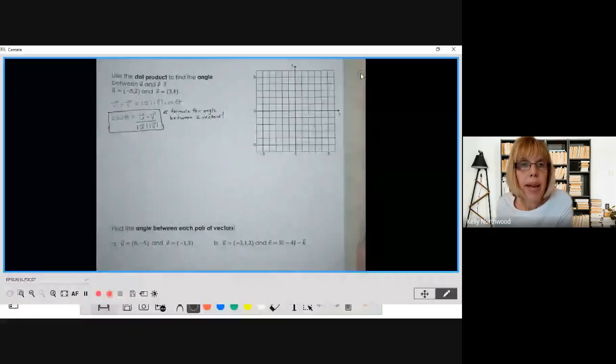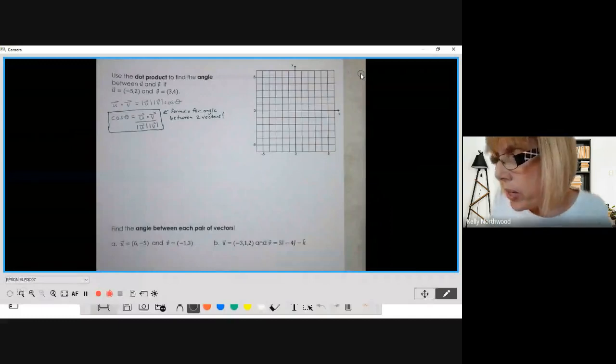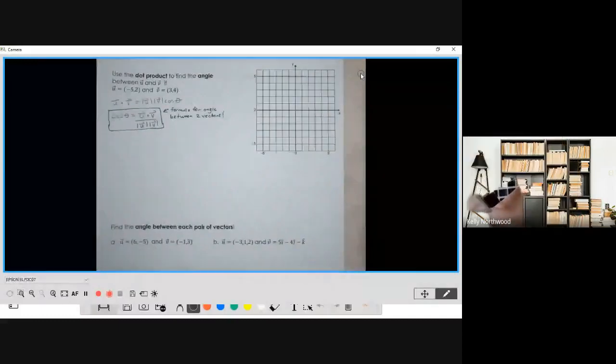The cos of theta is equal to u dot v divided by the magnitude of u times the magnitude of v, which are all things we can find if we're given our vectors algebraically. So I'm just going to use this formula for this specific question.